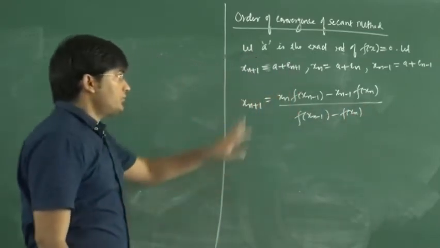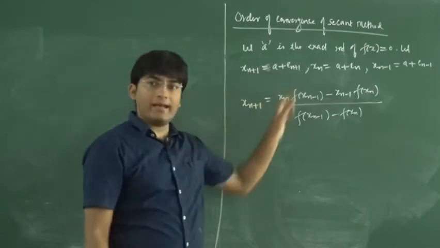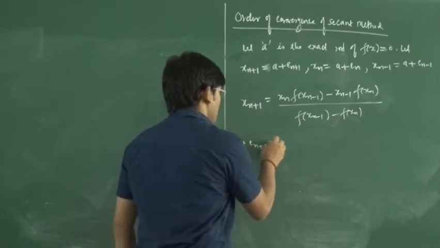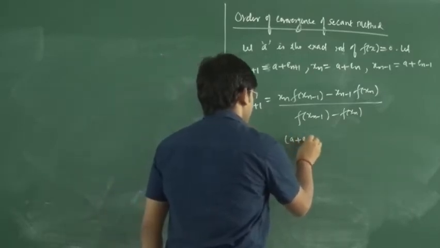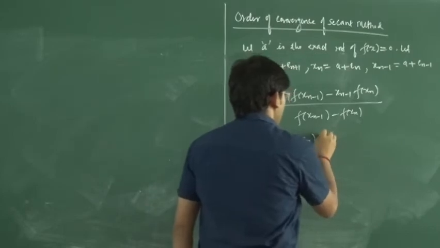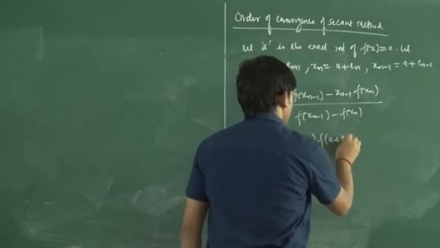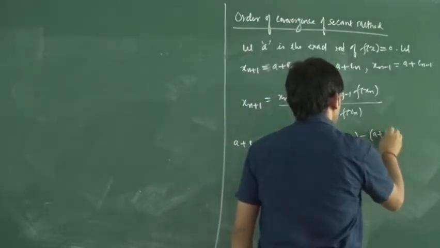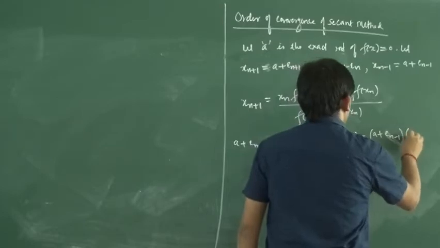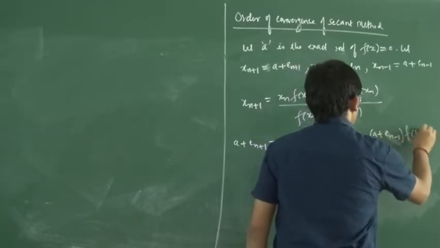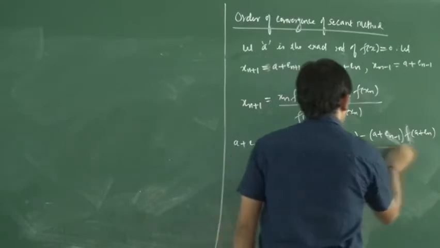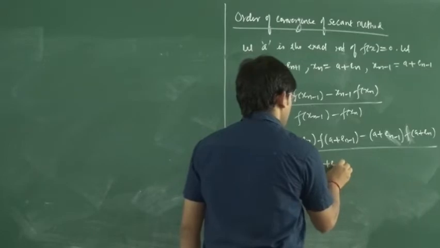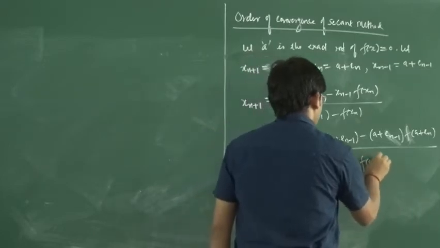Okay, now let us put the values of x_{n+1}, x_n and x_{n-1}. So on the left hand side we have a plus e_{n+1}. Now on the right hand side we have (a plus e_n) f(a plus e_{n-1}), then minus (a plus e_{n-1}) f(a plus e_n). Now in the denominator, f(x_{n-1}) means f(a plus e_{n-1}) minus f(a plus e_n).